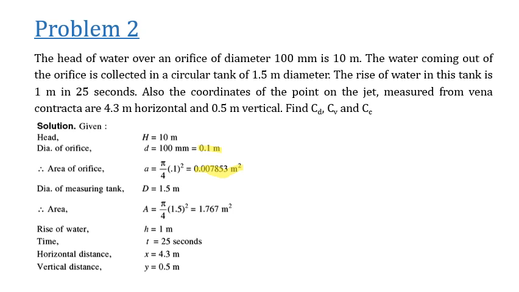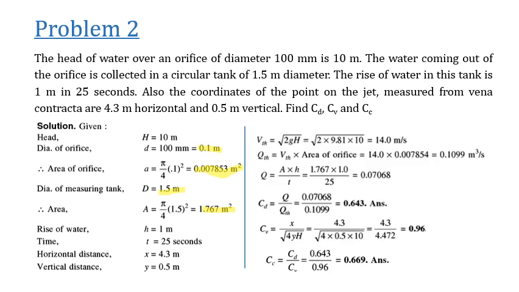The diameter of measuring tank was 1.5 meter, so you can also calculate its area. We know theoretical velocity is under root 2gh, and head is given, it is 10 meter. So the theoretical discharge will be theoretical velocity into area of orifice.